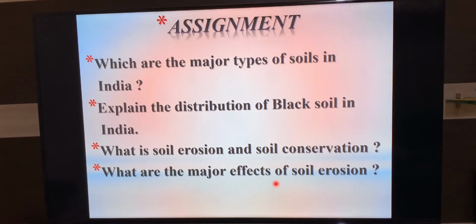Third point, groundwater level is lowered and there is a decrease in soil moisture. Last point, vegetation cover dries up and drought increases, and finally it affects the economy of our country. So these are the points you have to write for the effects of soil erosion.